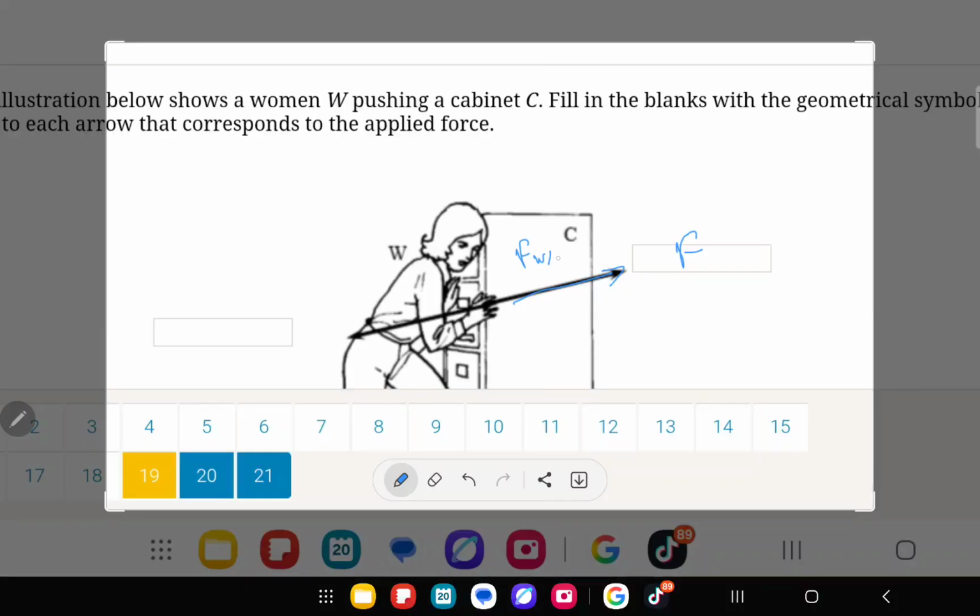You can write, normally I like to write it like this, W dash C or W slash C, and you get the force applied by the woman on the cabinet.